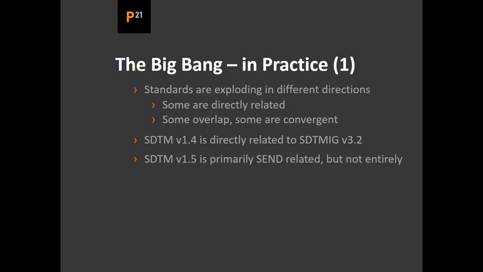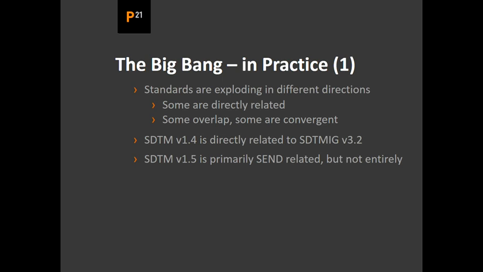So currently, SDTM 1.4 supports Implementation Guide 3.2, but SDTM 1.5 is about to be published in a final, which would primarily support SEND, the standard for the exchange of non-clinical data, but not entirely.